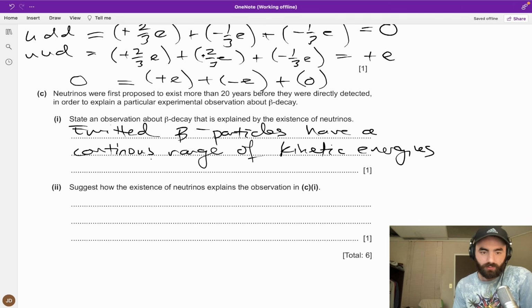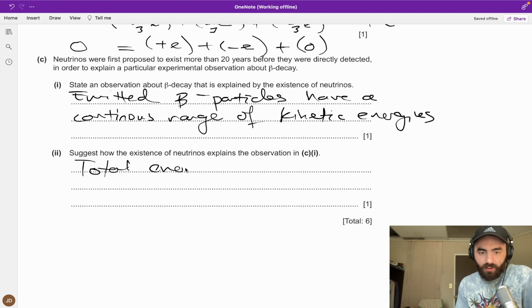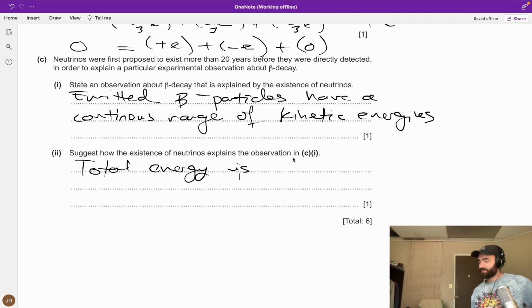Why is this? They're going to ask us to suggest how the existence of neutrinos explains this. The reason these beta particles have a range of energies is that the neutrinos take some of the energy. And how would we word this? There's, how to say it, varying amounts.